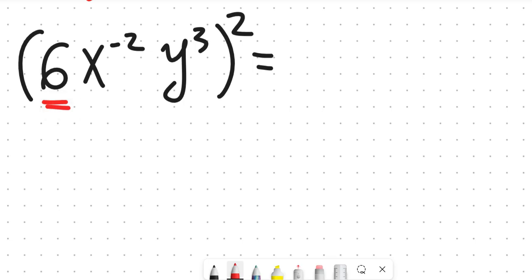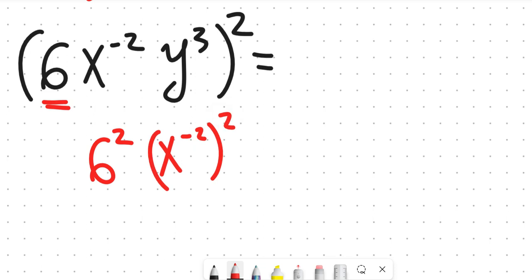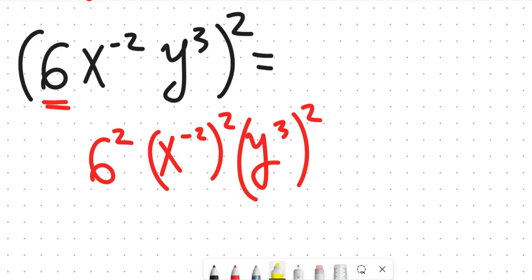So we basically say 6 to the power of 2, then x to the negative 2 to the power of 2, and then y cubed to the power of 2. So if it's to the power of 2, then all of them have to be raised separately to the power of 2. All right, what's that equal to? 6 to the power of 2, 36.